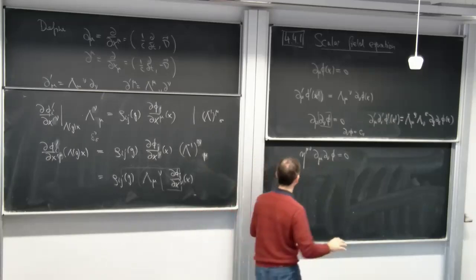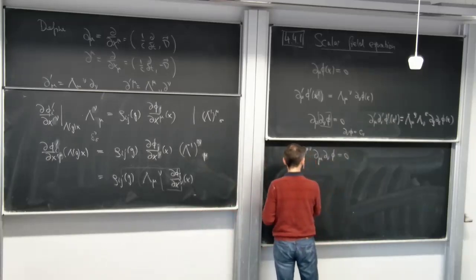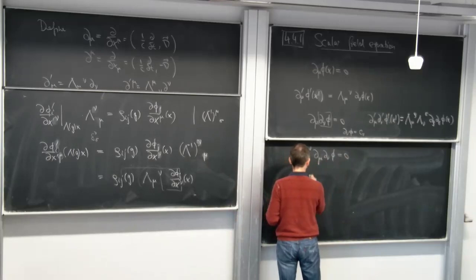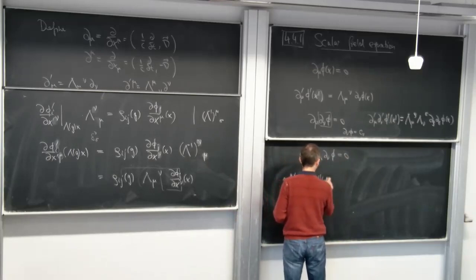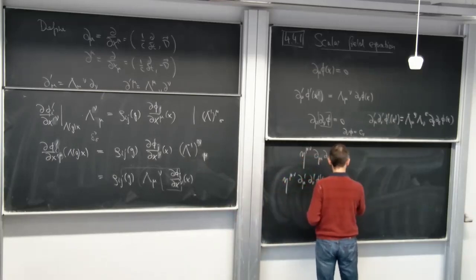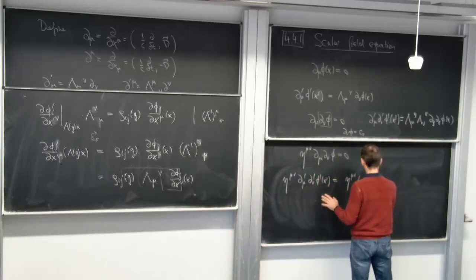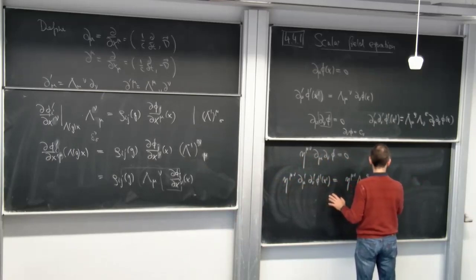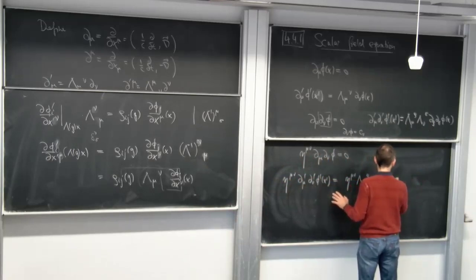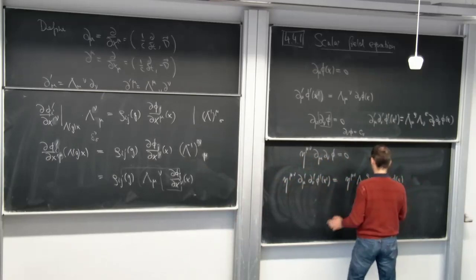This is just some metric. It's d mu prime d nu prime phi prime x prime, which is eta mu nu, and then what I wrote here, lambda mu rho lambda nu sigma d rho d sigma phi x.